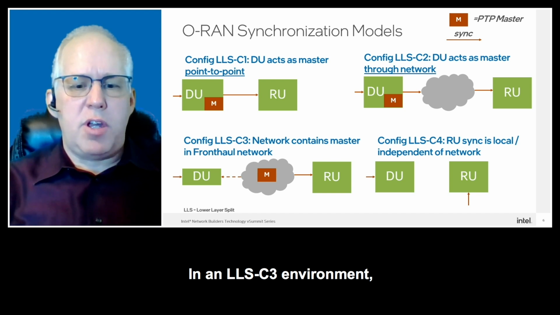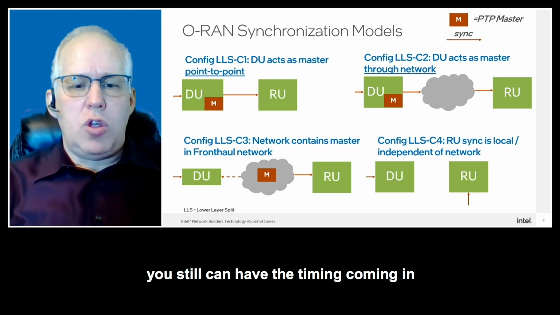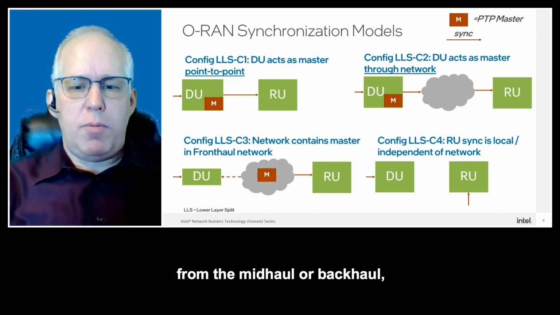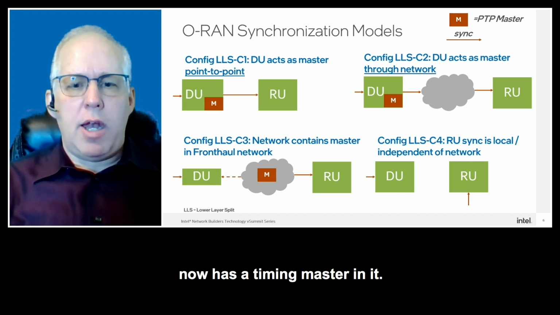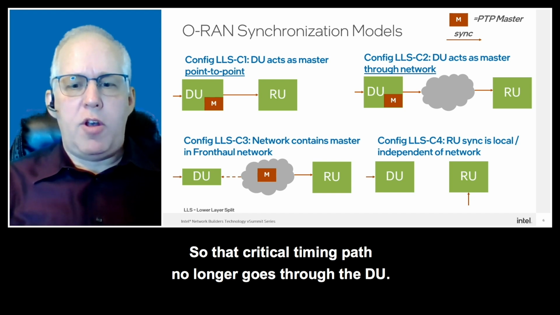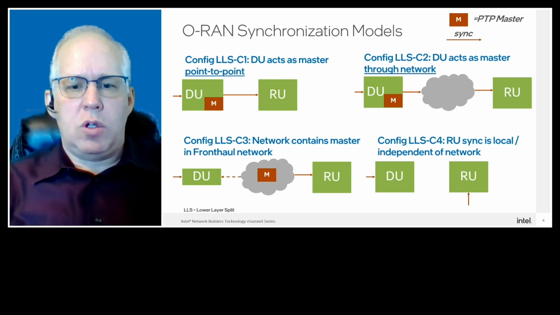An LLS-C3 environment is very different. In an LLS-C3 environment, you still can have the timing coming in from the mid-haul or backhaul, but the fronthaul network, like you have in C2, now has a timing master in it. So that critical timing path no longer goes through the DU.